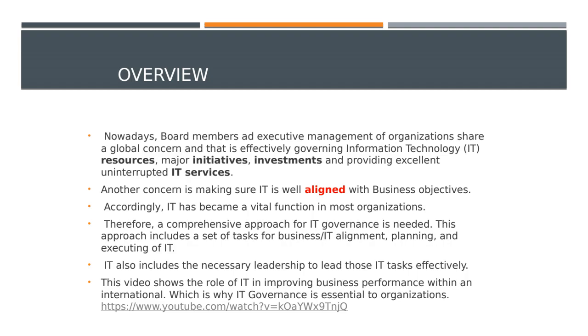IT should be aligned with the business objective. And nowadays IT is very important. Almost every business needs IT, especially now with AI. It's now involved in mostly all businesses: medical, health, media, and of course industry.